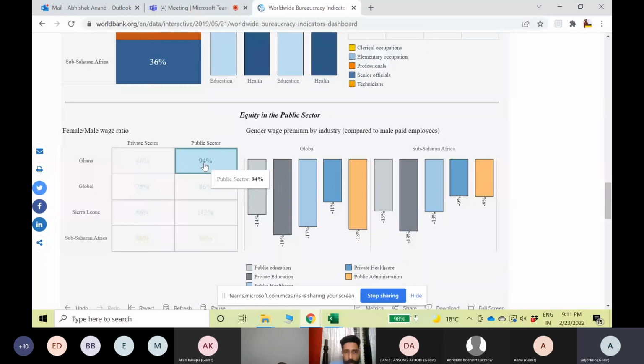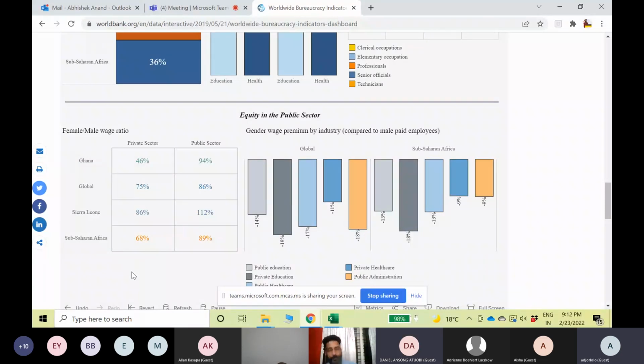But in the public sector, if the average wage for males is 100 units, the average wage for females is 94 units. So the wages are quite similar in the public sector, but there's a huge gap in the private sector. I hope that clarifies your question, and please go ahead with the comment.